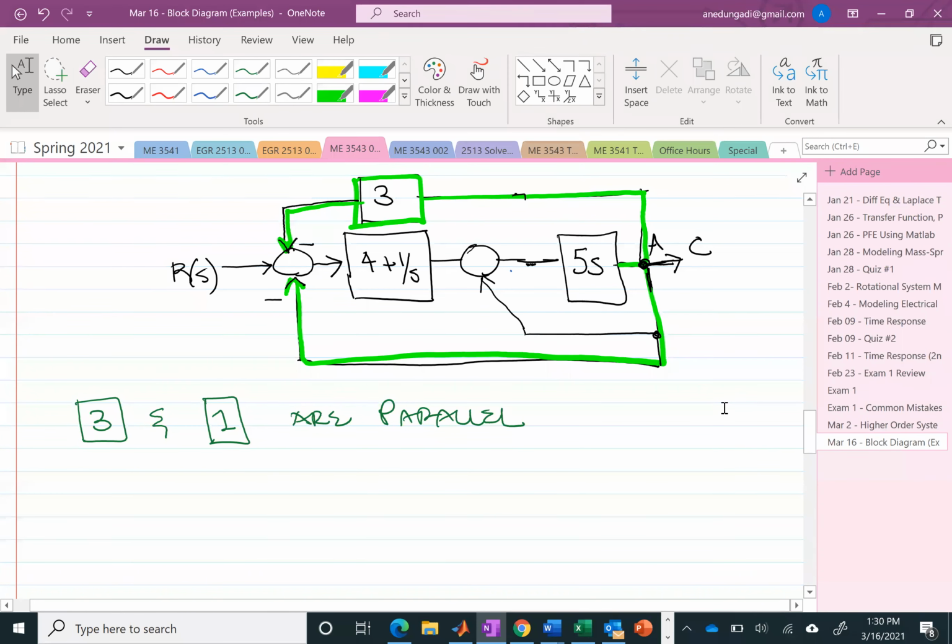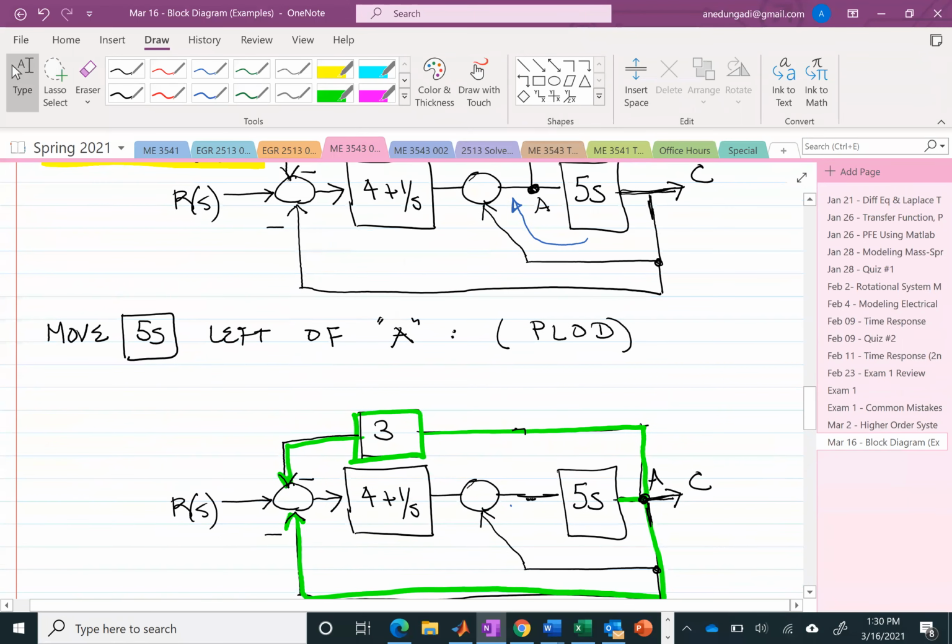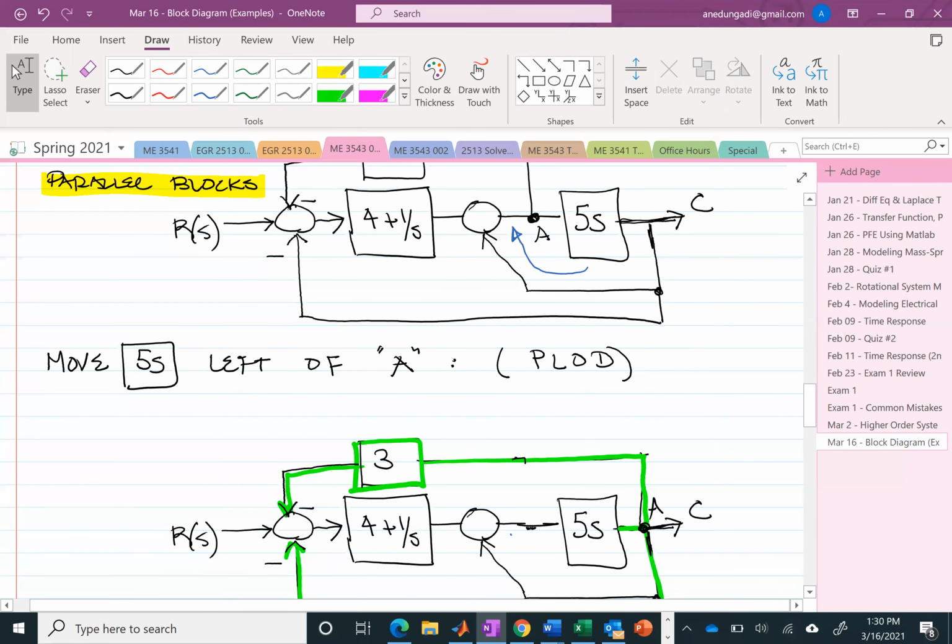Oh, yes, you're absolutely right. Thank you very much. Thank you, Tony. So pick off left output, divide. So you have to divide this by 3s, by 5s. Correct.